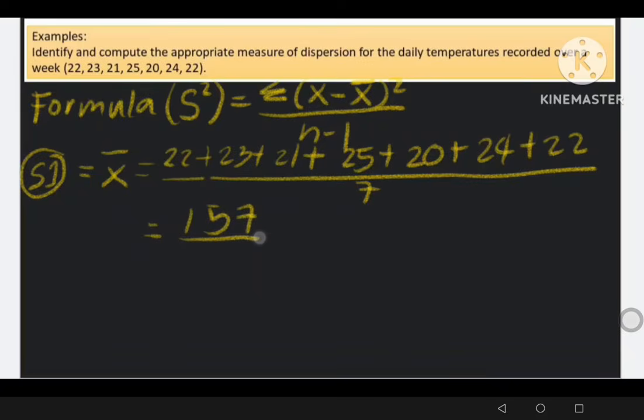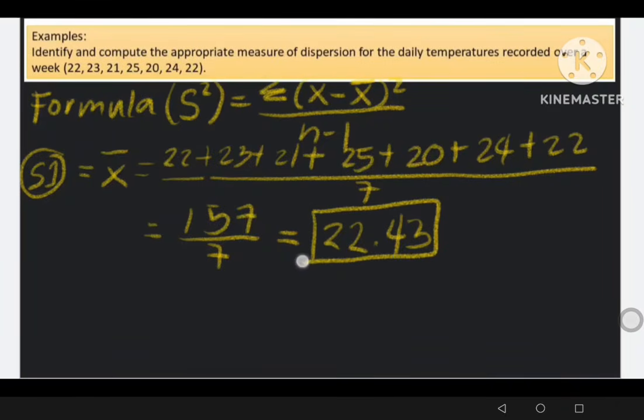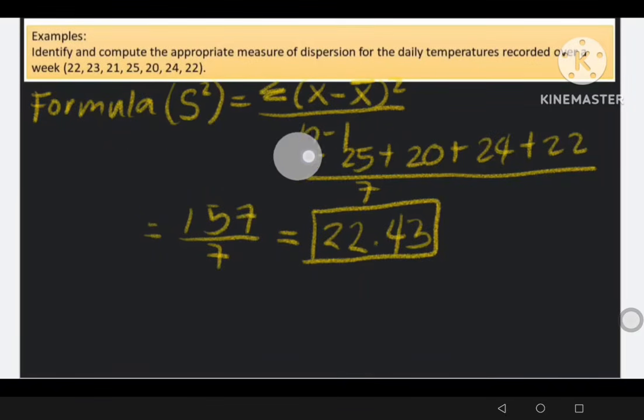That's the upper portion. So divided by 7, the result, or our x bar, or our mean, is equal to 22.43. Take note to round it off into 2 decimal places. So this is our mean. Take note of our given mean. So let's erase this one.